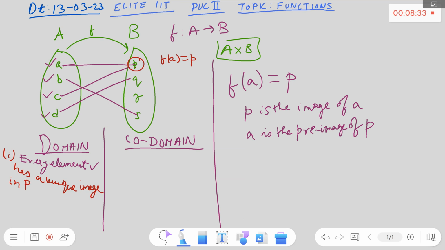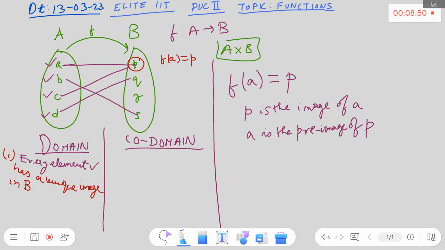Sumant? They don't have a unique image, no, sir. Sorry? Because P is the image for A and P is the image also for C, no, sir. But A has how many images?